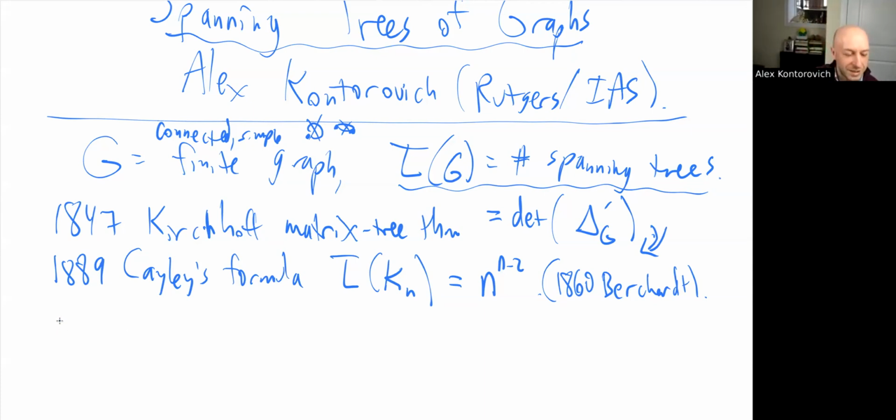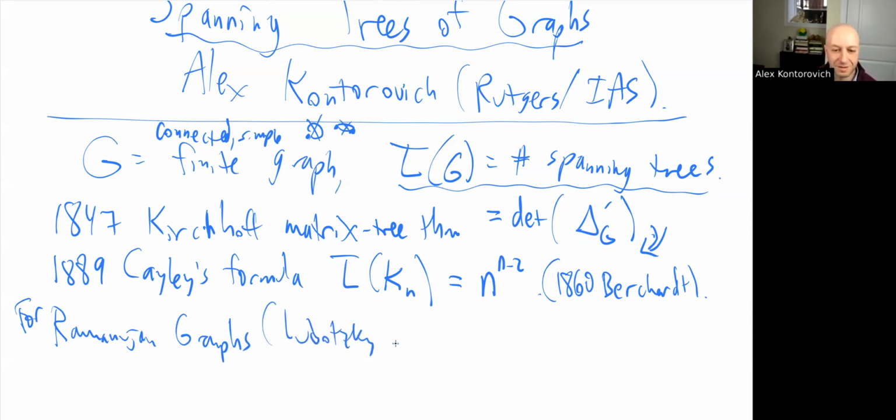It arises also in Lubotsky-Phillips-Sarnak, for Ramanujan graphs, 1987 or so.